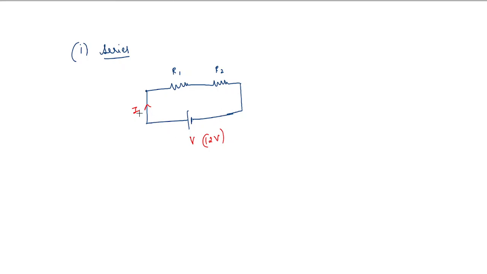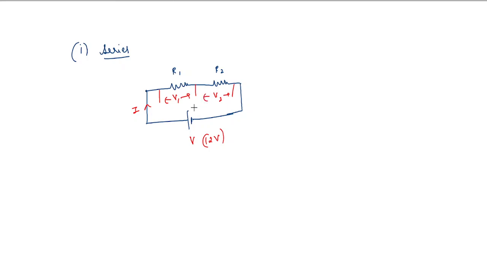Now since the current remains the same, the voltage will divide. That is, there will be a drop across the resistor R1 as well as across R2. Let us call the voltage drop across R1 as V1 and the voltage drop across R2 as V2.